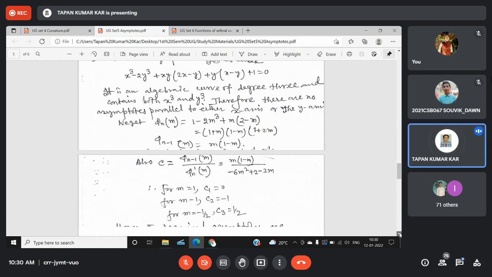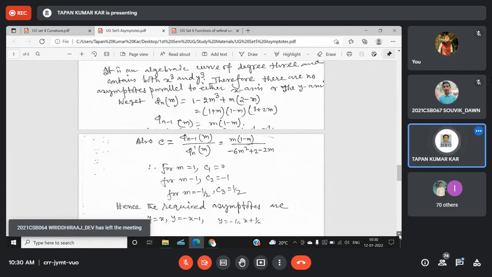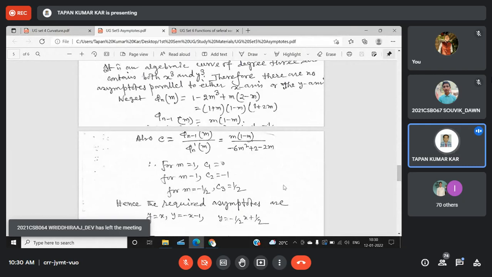Phi n minus 1 of m is m into 1 minus m, and you differentiate phi n and substitute, then substitute m equal to 1, m equal to minus 1, and m equal to minus half. You will get c1 equal to 0, c2 equal to minus 1, c3 equal to half.